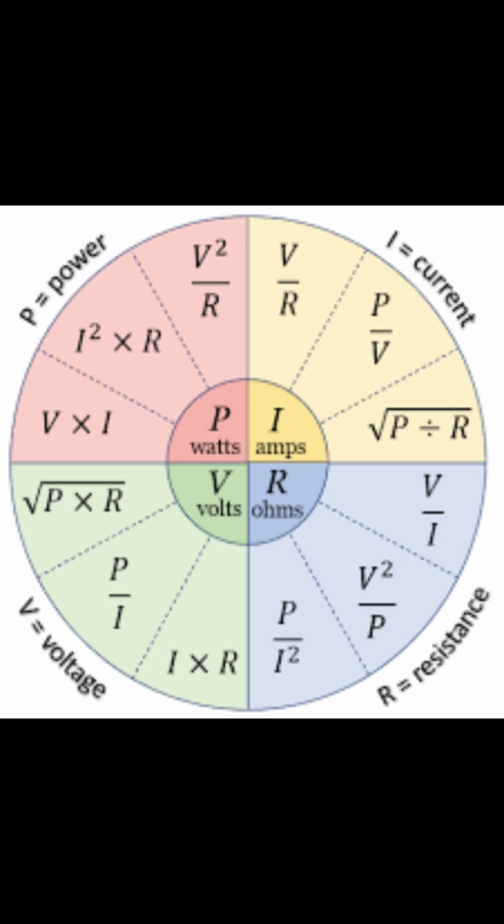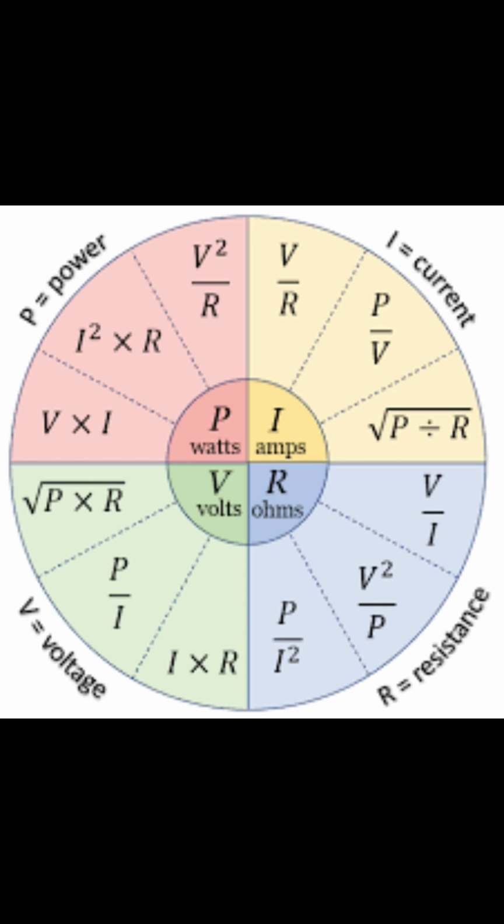The amp is defined as 1 coulomb per second. Notice that the definition of an amp involves a quantity measurement, the coulomb, and a time measurement, a second. 1 amp of current flows through a wire when 1 coulomb flows past a point in 1 second.